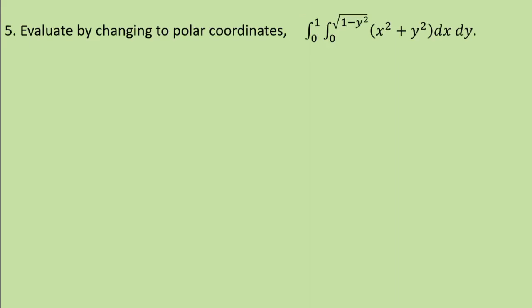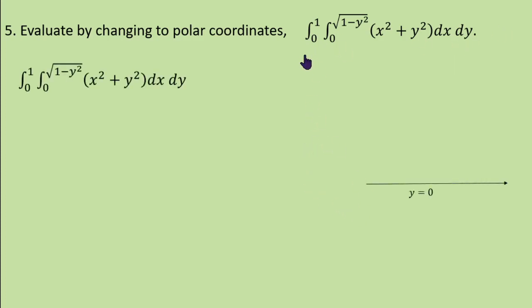Evaluate by changing into polar form the double integral 0 to 1, 0 to root 1 minus y square, x square plus y square dx dy. Actually, it's very easy in polar form because the given concept here is y varies from 0 to 1, y equal to 0, y equal to 1.